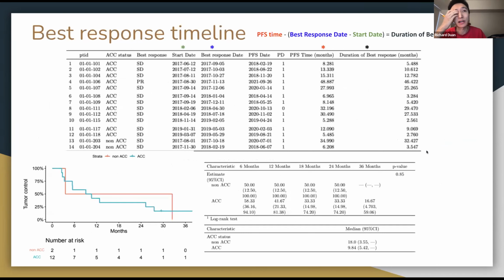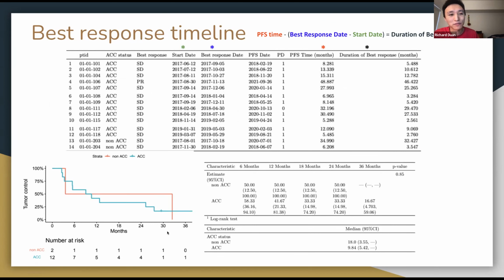So kind of like what I showed earlier, this is looking at the best response timeline. So they plotted duration of best response, which is like this equation on top: the progression-free survival time, and then subtract the amount of time it took to get into that best response phase.